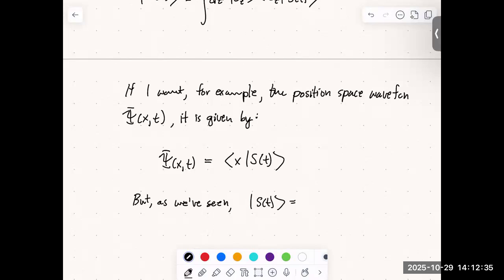So let's suppose I did it with x. So this would be the integral of dx prime |x'><x'|, and then we act on S of t.